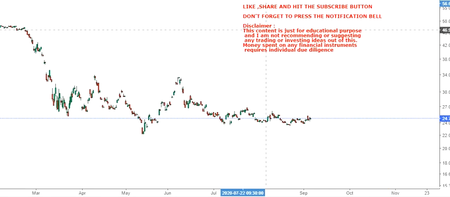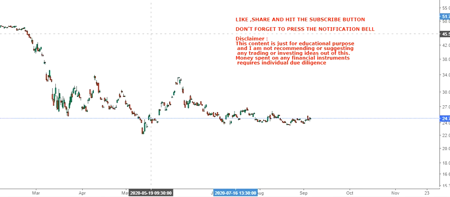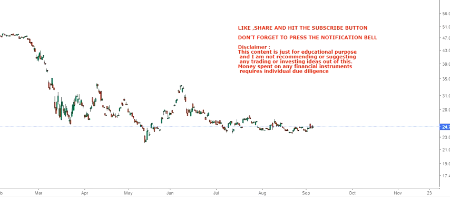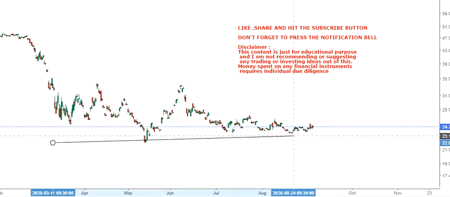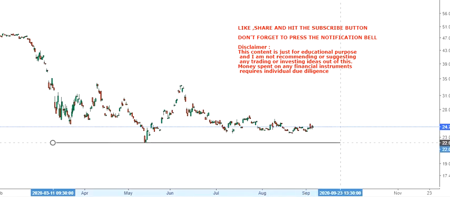So what you can see is a pretty range bound move, and the stock is trading probably, if not near, then close to the near end of the range.